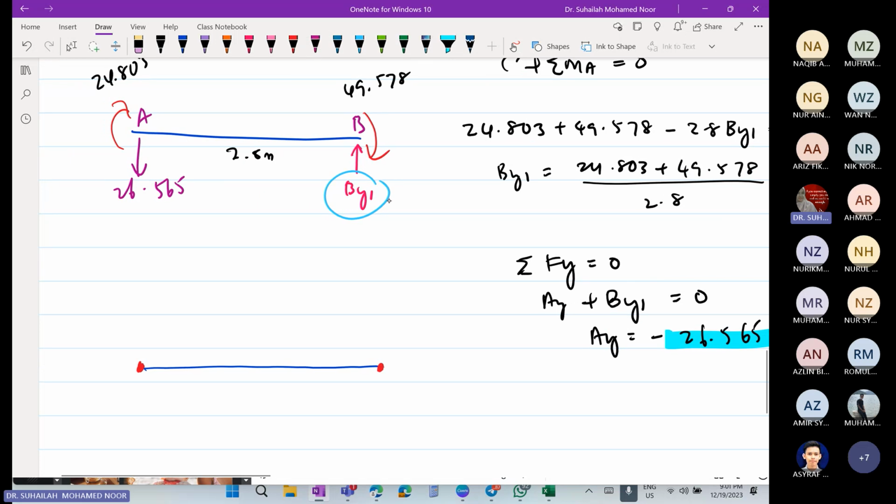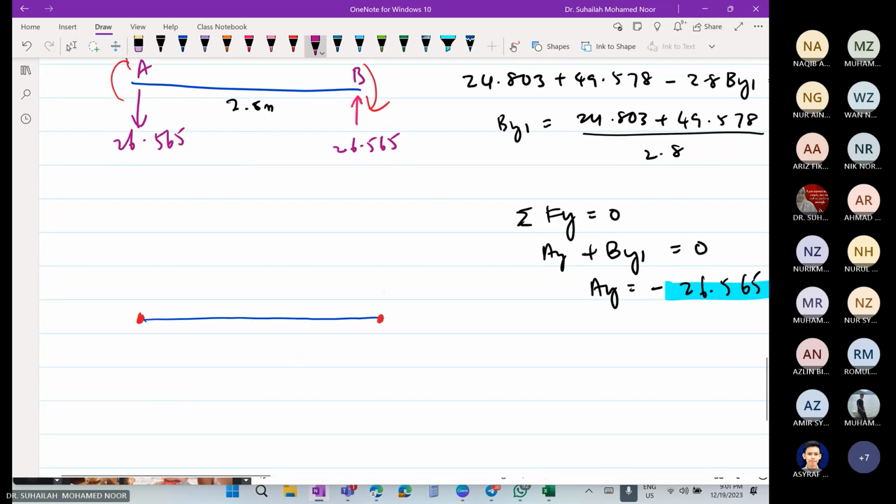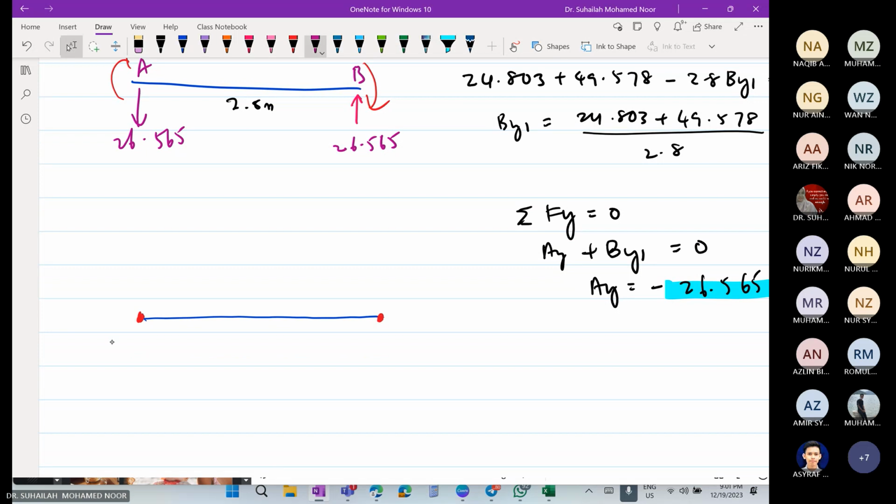BY is positive 26.565. Look at the arrow. We just need to follow the arrow. Start from 0, the point is here, below the line.